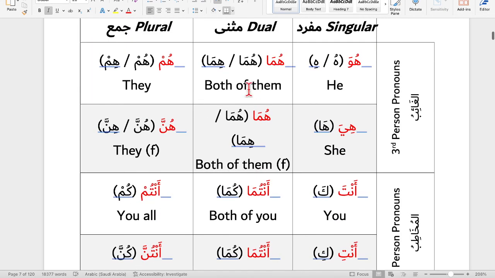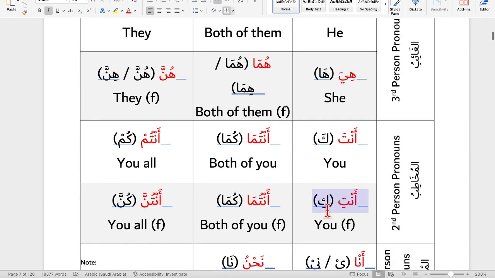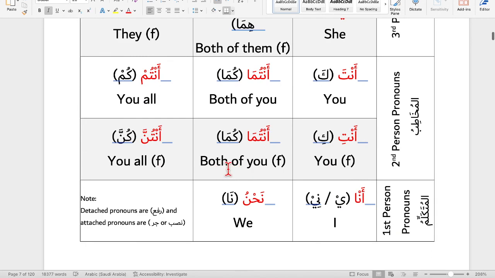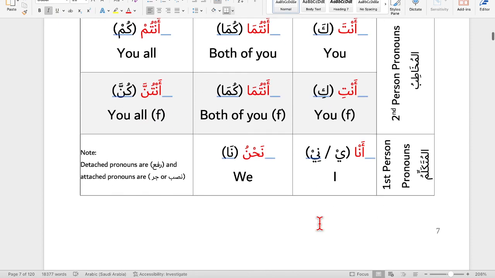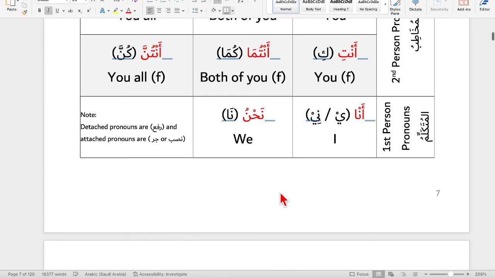His Lord, both of their Lord, their Lord, her Lord, both of hers, two feminine, their Lord, all feminines, their Lord, your masculine Lord, both of your Lord, all of your Lord, your feminine Lord, both of you, two feminines, your Lord, all of you, your Lord. Ana, my Lord. Nahnu, our Lord.